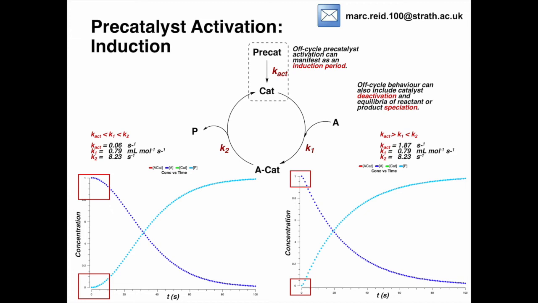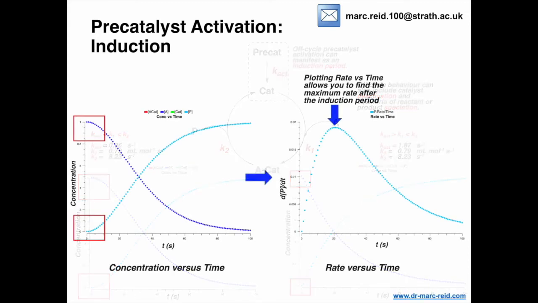If the precatalyst activation has a higher rate constant relative to the slowest on-cycle step, the visible induction period is far less pronounced. You can see this again by looking at the areas of the plot highlighted by the red boxes. Another way to understand induction periods and precatalyst activation is to plot rate versus time rather than concentration versus time.